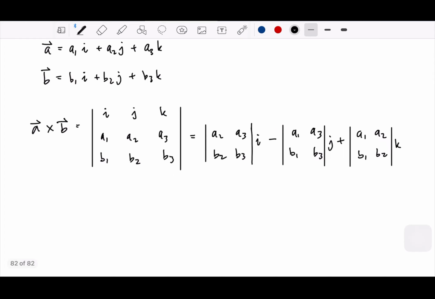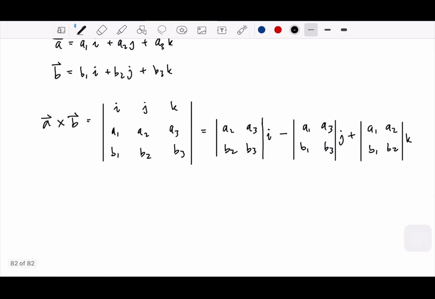Now perhaps some of you still think that it takes time to write down all those determinants, right? However, I will show you some steps that perhaps will help you to calculate.